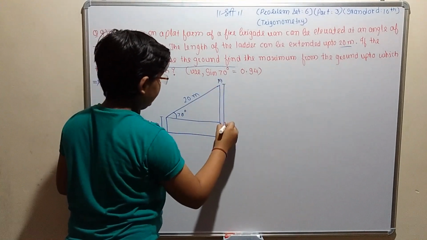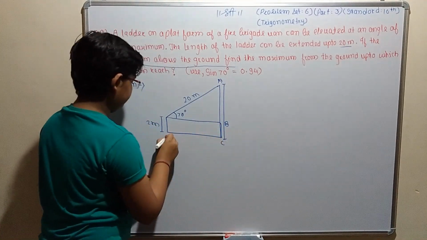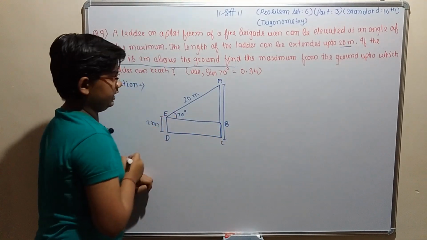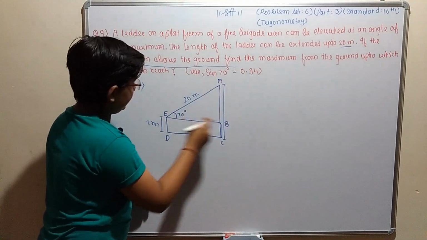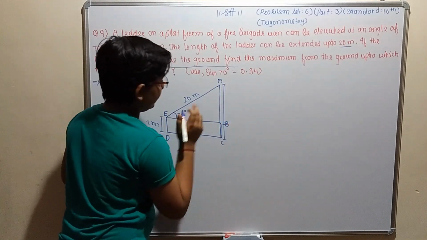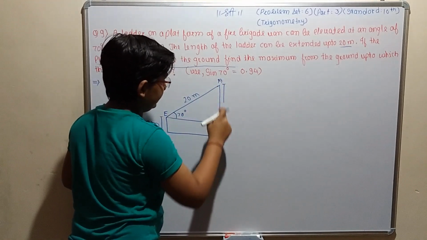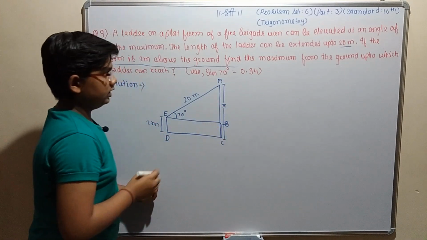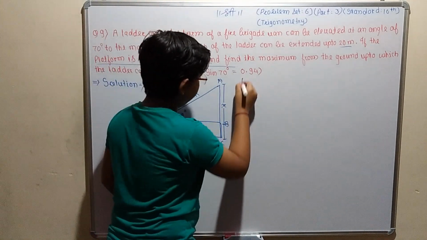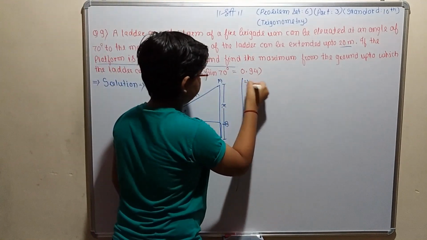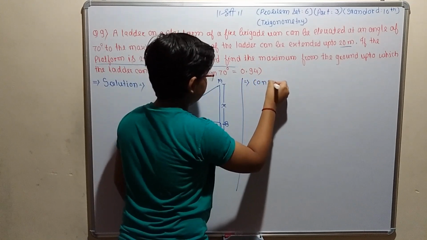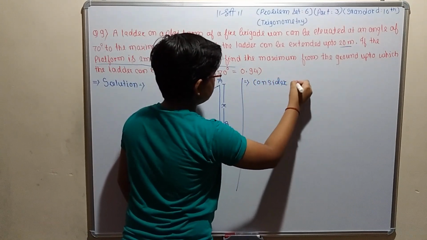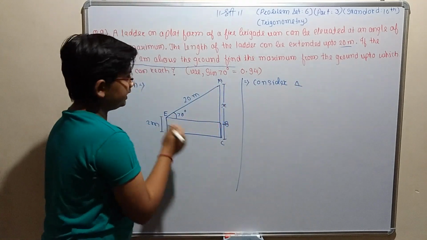Let's call it A, B, C, D and E. Now consider a triangle ABE, and also consider that this length AB is x.